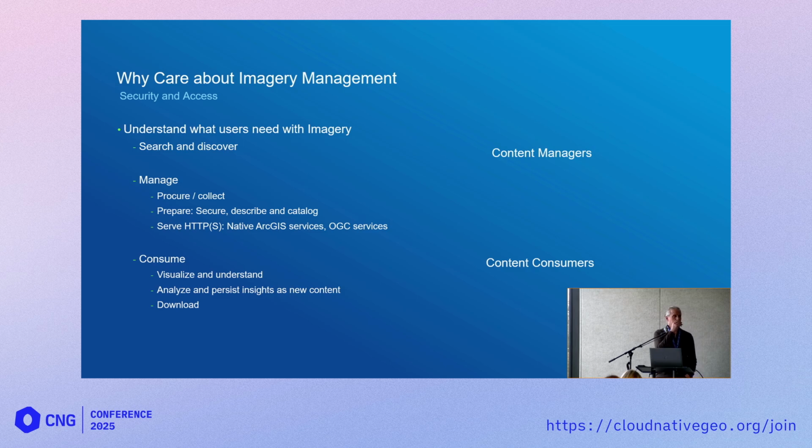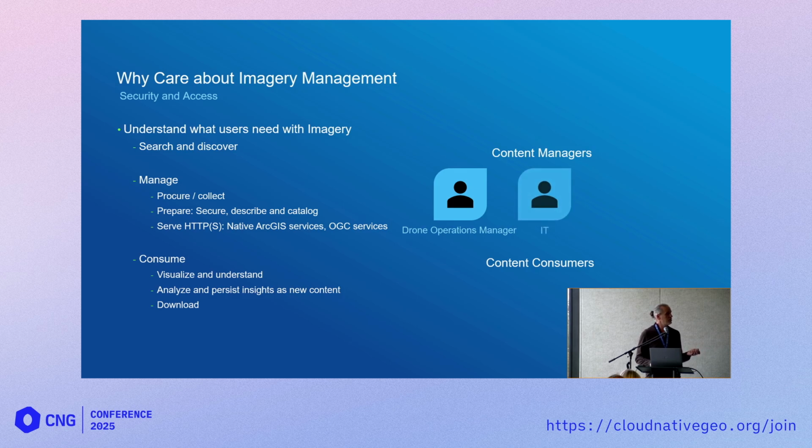I always like to tell folks, too, that if you don't manage your imagery, it will ultimately manage you at some point. So these are the important questions in the beginning. Everybody's going to need to search and discover. We want there to be this concept of a common authority where we can look in one place and understand what the organization has and what it doesn't have. So if you're a content manager, maybe you're operating a fleet of drone equipment and pilots, creating content.